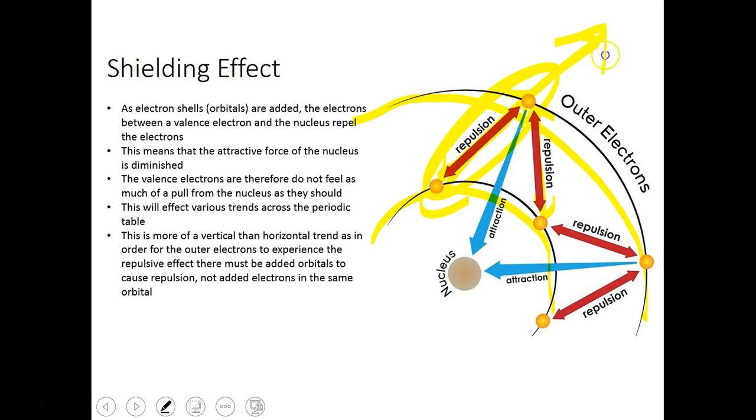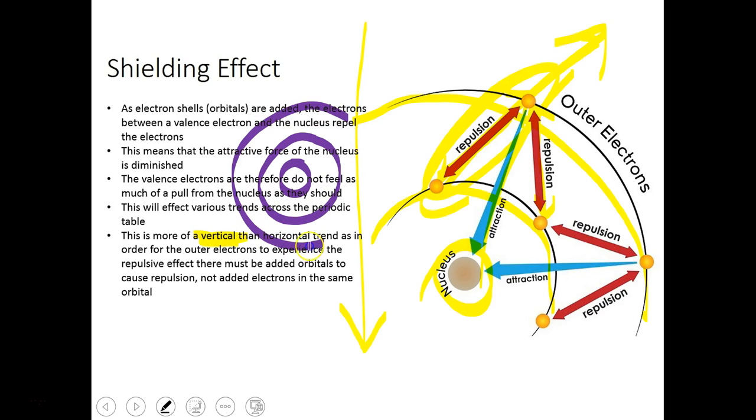And because it's pushing it farther away, that nucleus doesn't even have as much of a hold on it anymore. And again, we see this more as we're going down a group. So as you go down the group on the periodic table, the elements get bigger because one, you're adding another floor, and two, these electrons are pushing each other away.